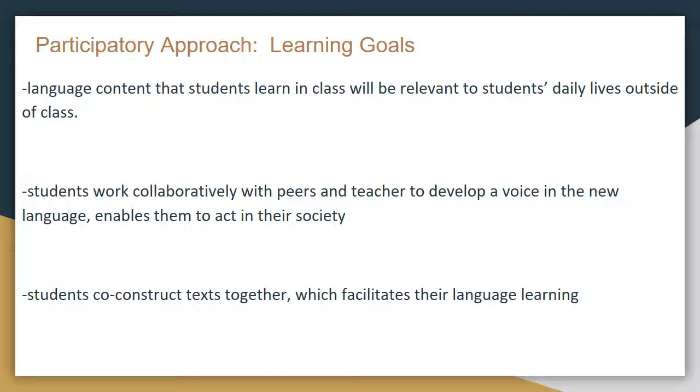So that could be local community leaders, that could be government officials, that could be employment members of their profession, what have you. Students also work with their peers and with their teacher for the goal of developing a voice in the new language, which enables them to be active in their society and to take action on particular issues that are relevant to them.